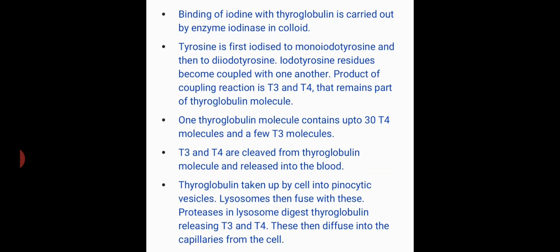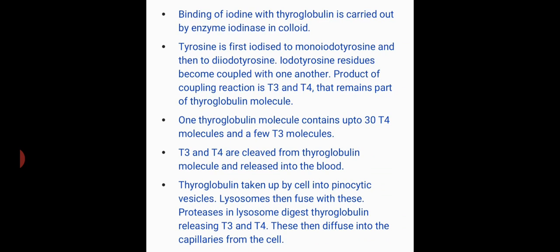Oxidation of iodide is carried out by enzyme peroxidase and accompanying hydrogen peroxide located in the apical membrane of the cell of the thyroid gland.